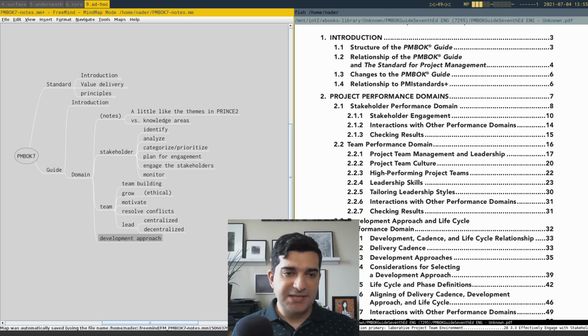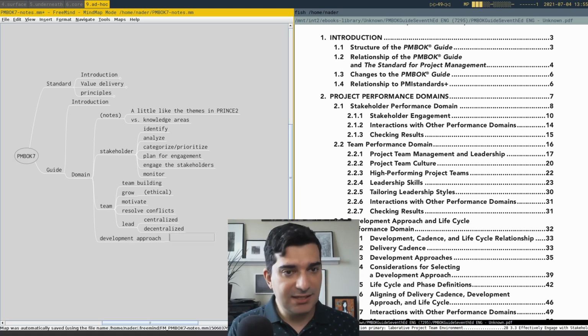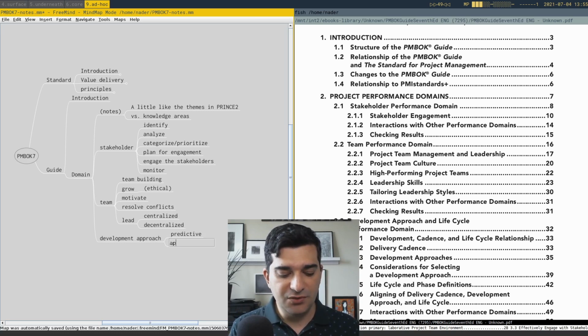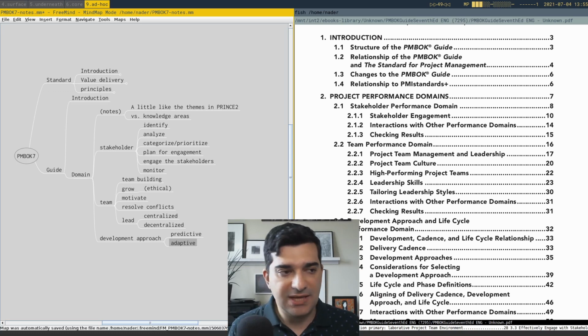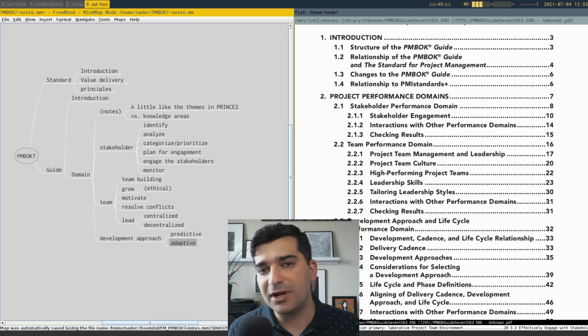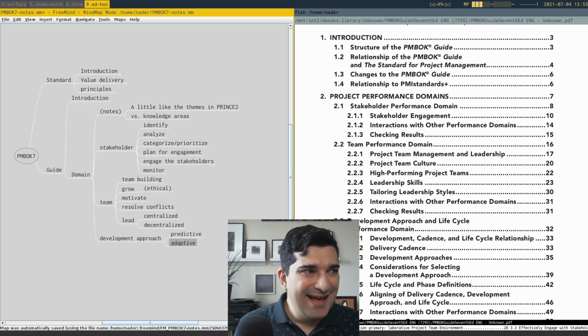The development approach is the way you create your product, and basically it's either predictive or adaptive. Some people consider other types, for example, hybrid and so on. For me, it's predictive or adaptive. That's the way I understand it.